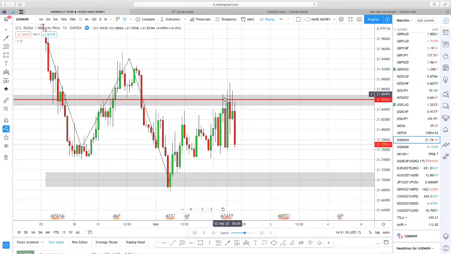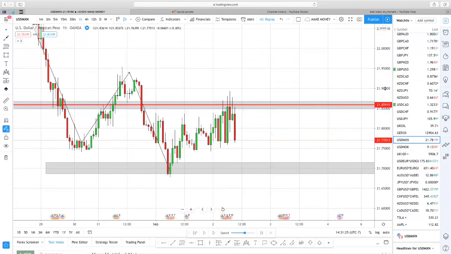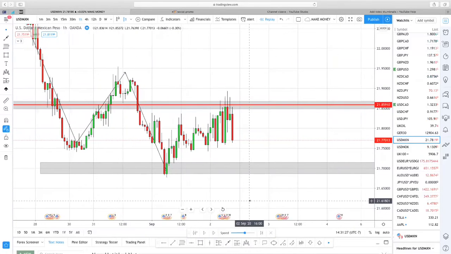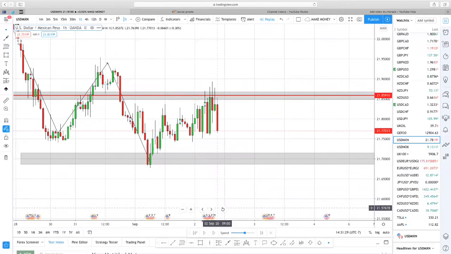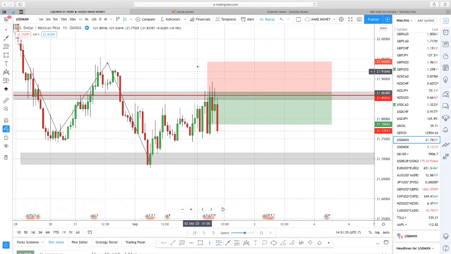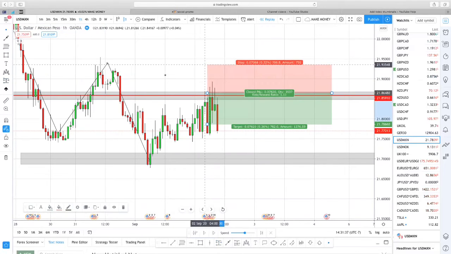All of this is representing your entry. Your stop, since you're in a sell limit, you're expecting to sell, your stop would be above these previous highs over here.